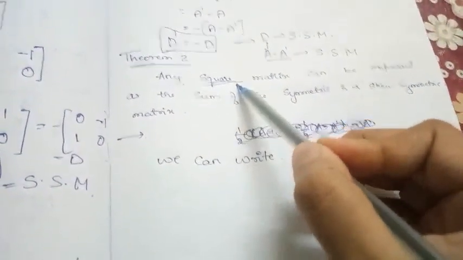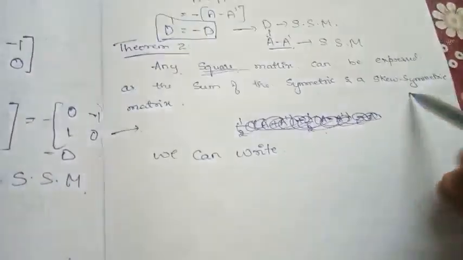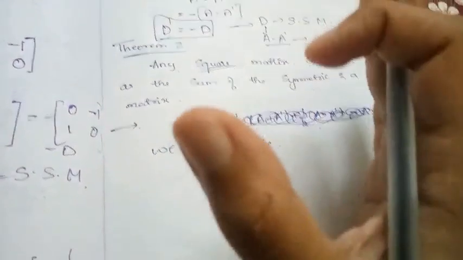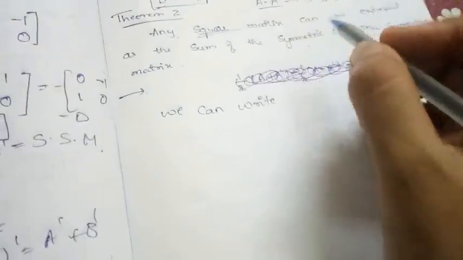Then that square matrix can be expressed as the sum of a symmetric and a skew symmetric matrix. This theorem is very important, not for the proof, but because by this theorem we are going to do many problems, which is very important from the examination point of view.